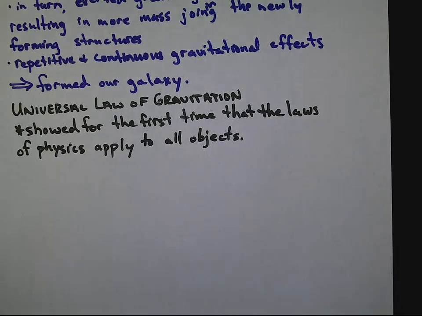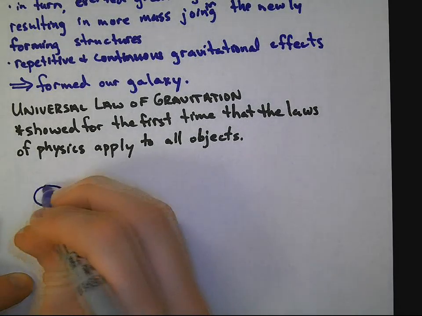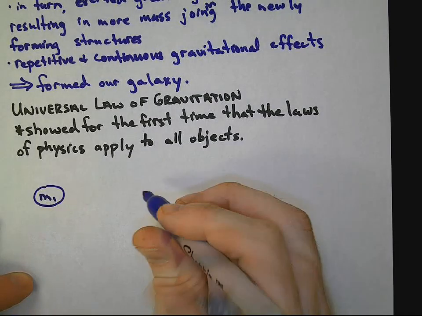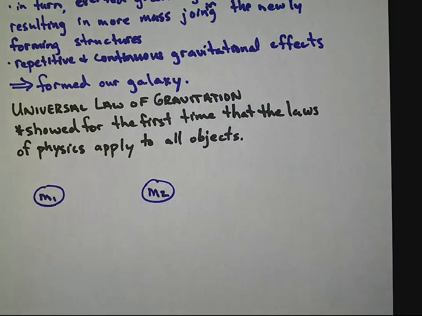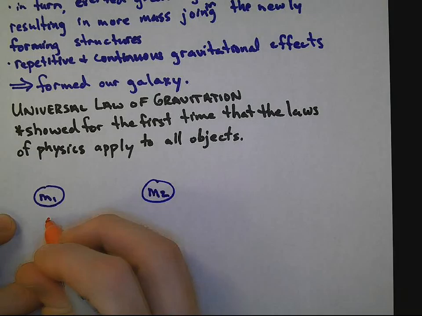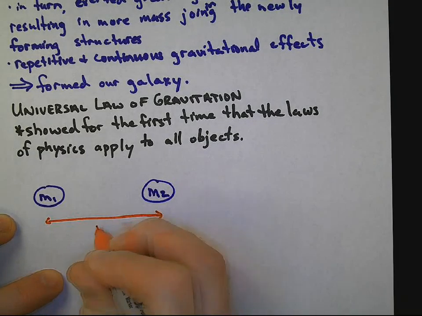And what the universal law of gravitation tells us, let's say that we have some mass m1 and some mass m2, and that the distance between the center of each mass is given by r.